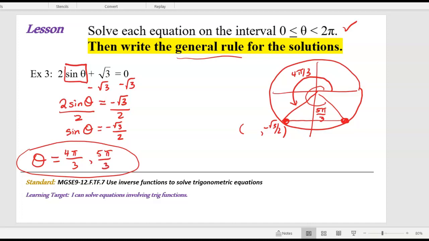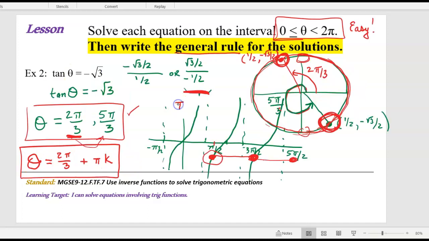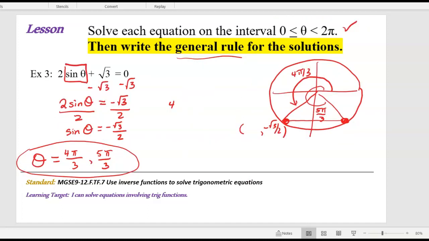Now for the general rule, I would write my solutions, meaning all of my solutions: 4 pi over 3 plus 2 pi k, 5 pi over 3 plus 2 pi k, if I'm asked for the general rule, just to differentiate.